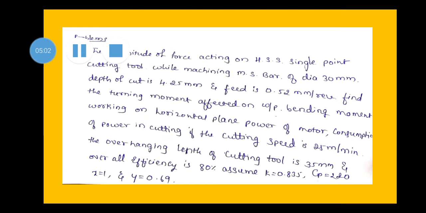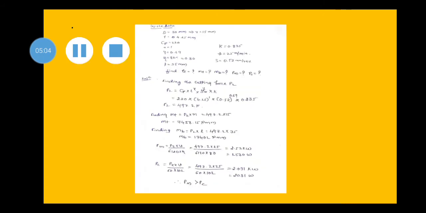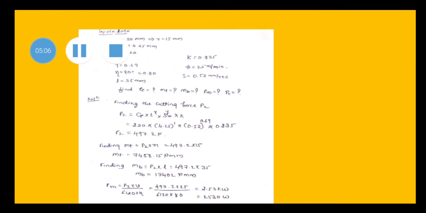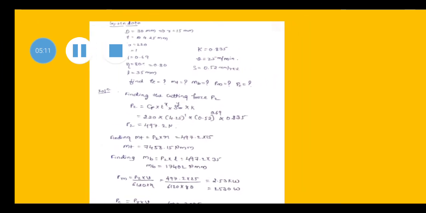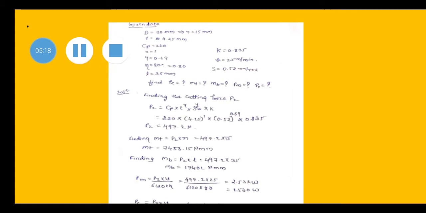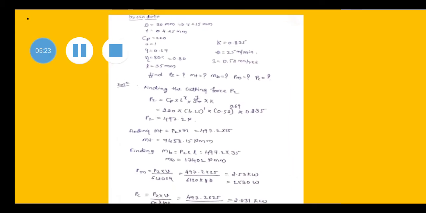Solution. Given data: diameter is 30 mm, that is radius is 15 mm, depth of cut is 4.25 mm, Cp is 220, x is 1, y is 0.69, efficiency 80%, that is 0.80, length is 35 mm, K is 0.835, V is 25 meters per minute, feed is 0.52 mm per revolution.